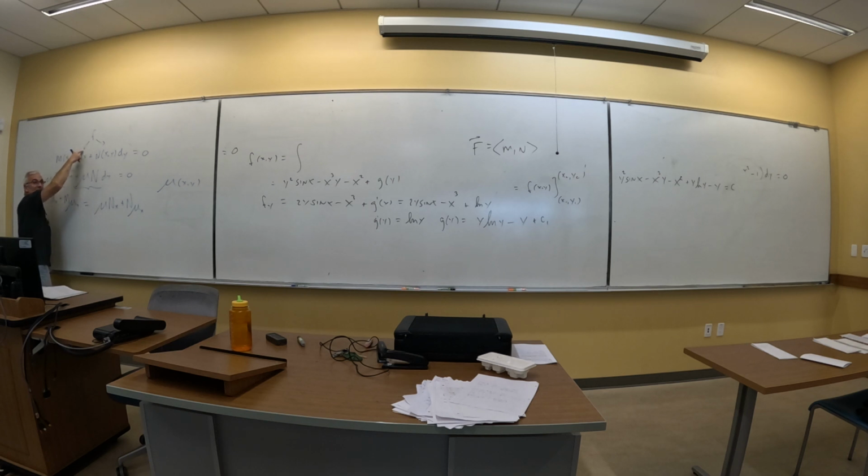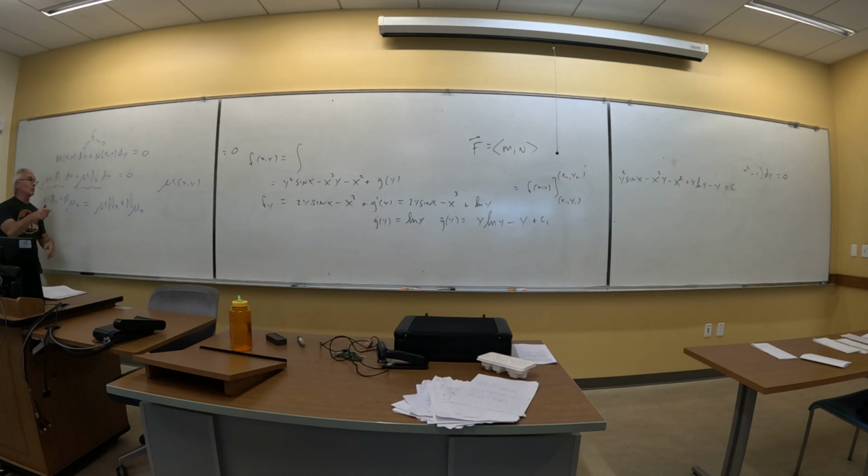This was the partial with respect to x, and so that's why we do it with respect to y, because we're getting the cross partials equal. Yeah, so we have to switch those. Well, no, not switch them. Let's assume this was exact for a moment. Forget all this. I'm taking the partial of this with respect to y because that's now f_xy. I'm taking the partial of this with respect to x because now that's also f_xy.